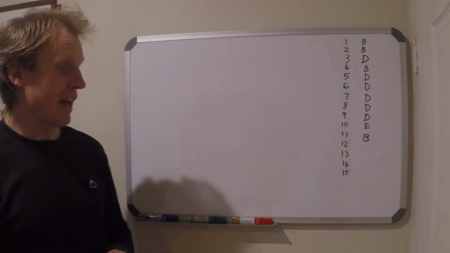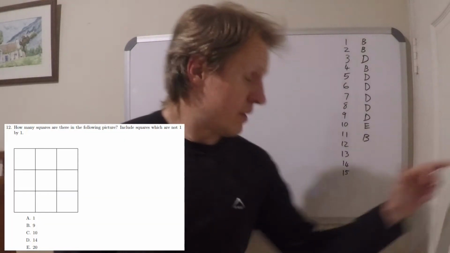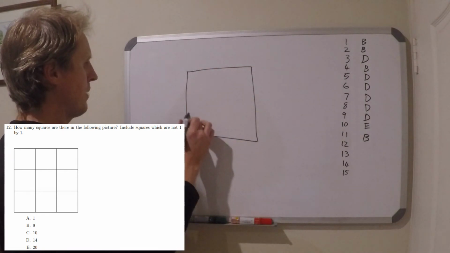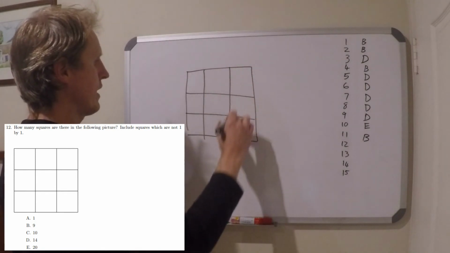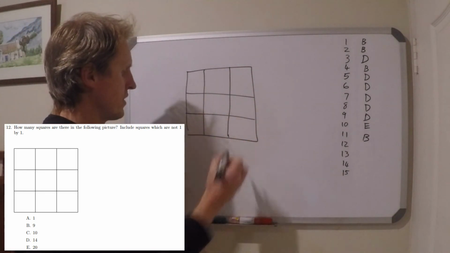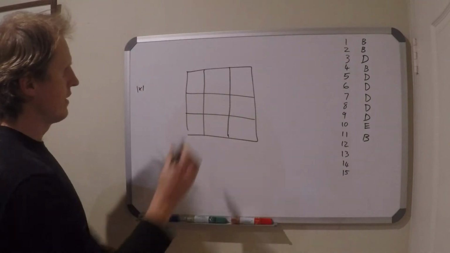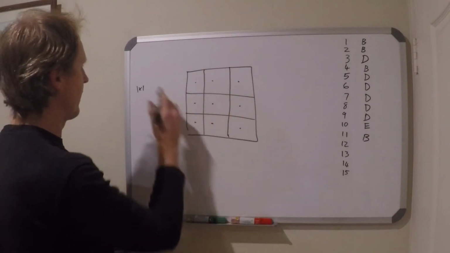Anyway, question 12. We've got a 3 by 3 grid. So let's look at the first option. How many squares are 1 by 1? Okay, we can have 1, 2, 3, 4, 5, 6, 7, 8, 9.